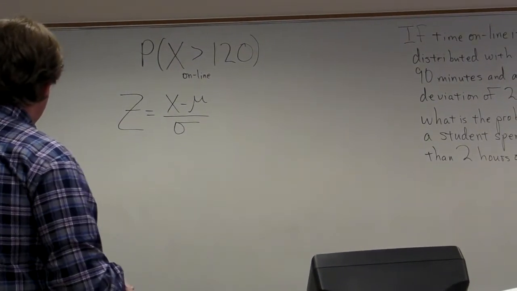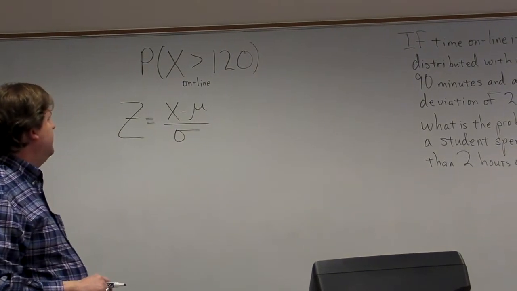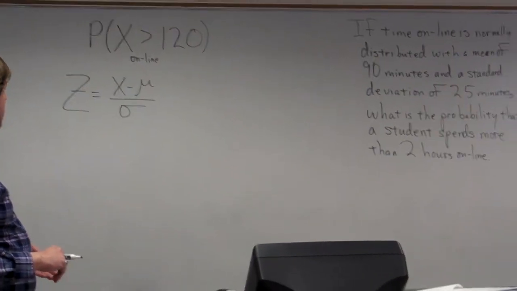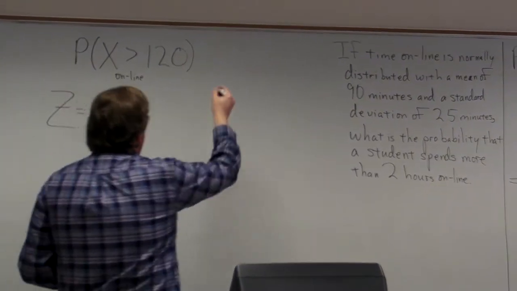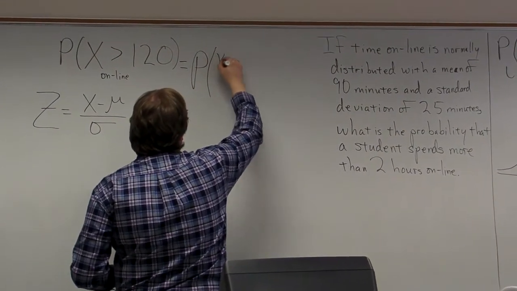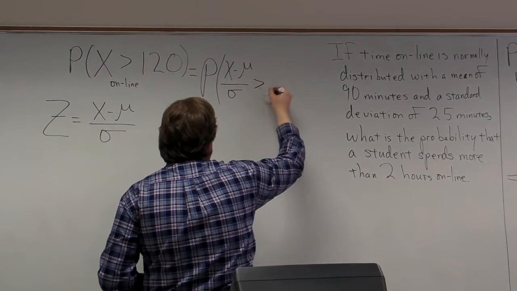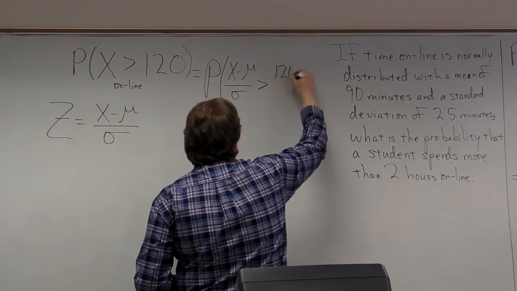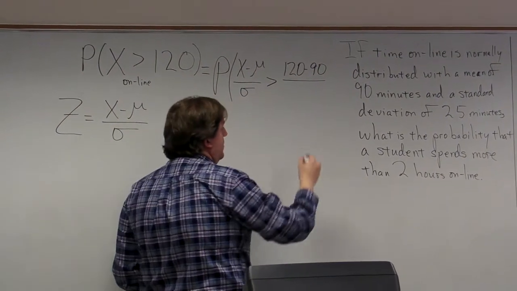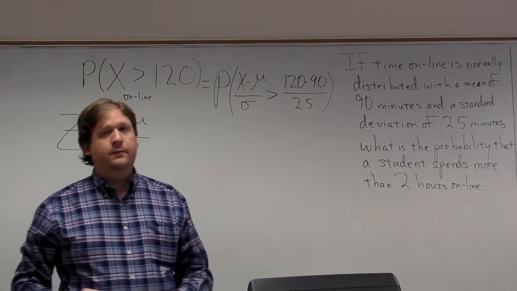So in this case, we have this formula, z is equal to x minus mu divided by sigma. And we can use the formula to convert this. So this is the probability of x minus mu divided by sigma is greater than 120 minus the mu of 90 divided by the standard deviation of 25.